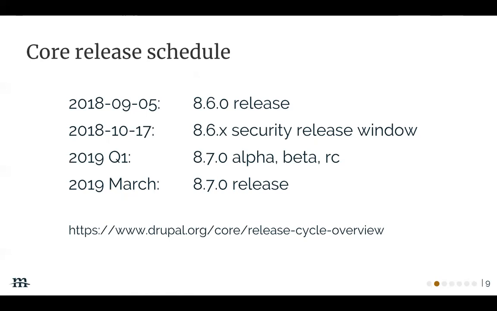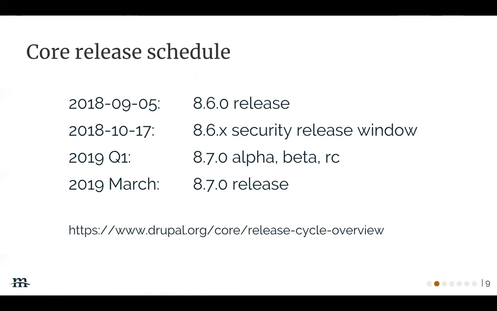There can be some blurring of that definition depending on issues, but in general, the idea is that when 8.6 comes out, you really need to start looking to update your 8.whatever sites to 8.6. And we'll talk a little bit later about options before then.